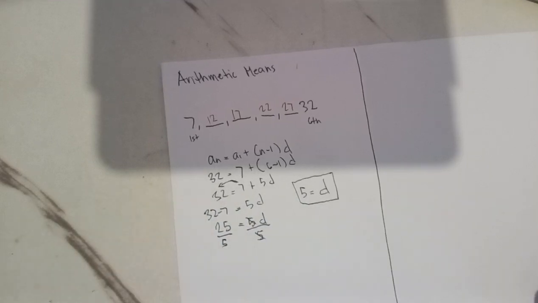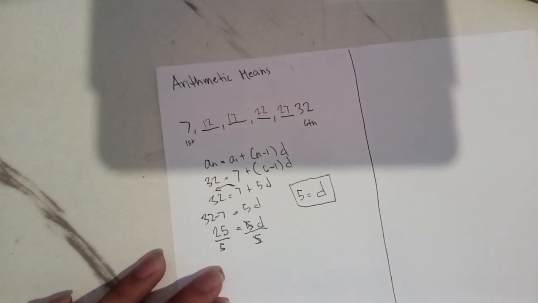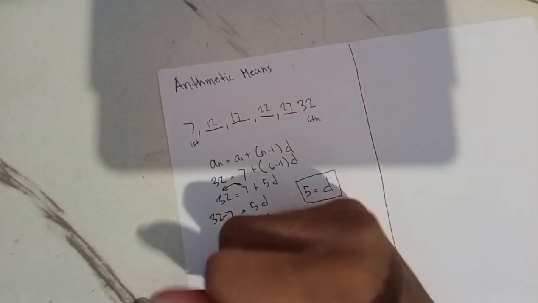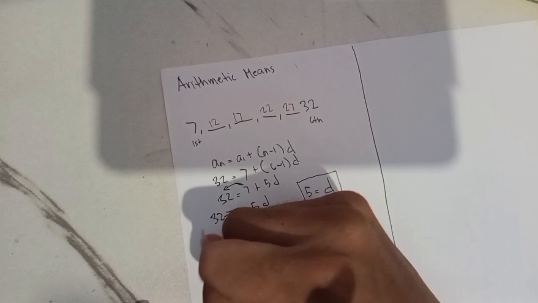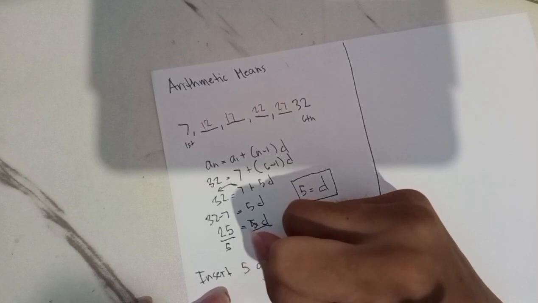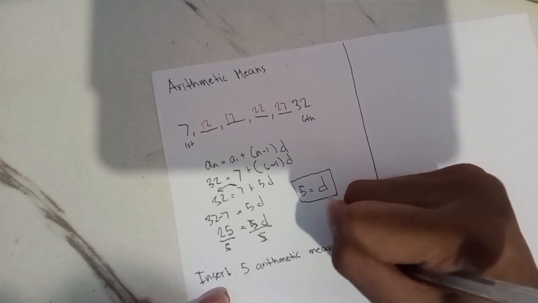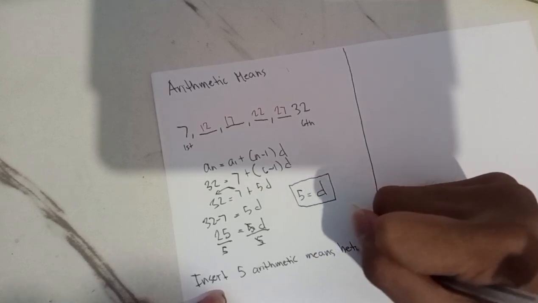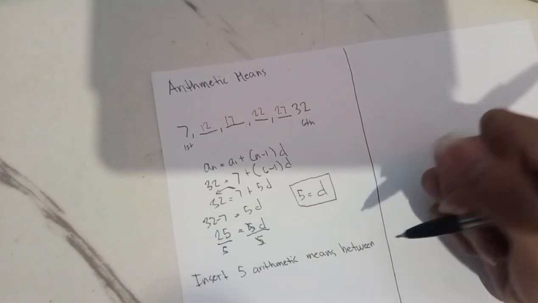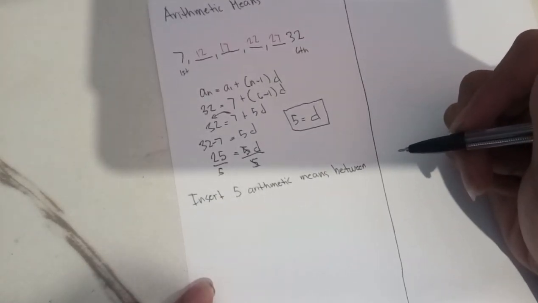So let's try another problem. Insert 5 arithmetic means between 1/3 and 7/3.